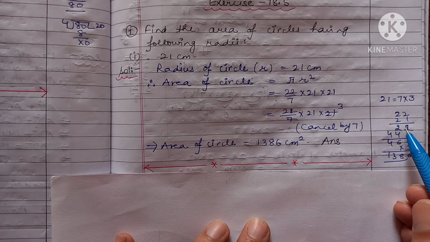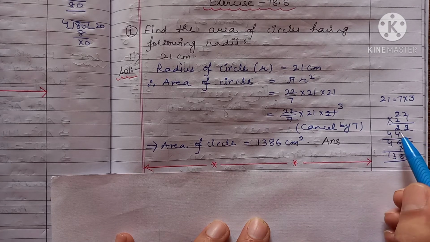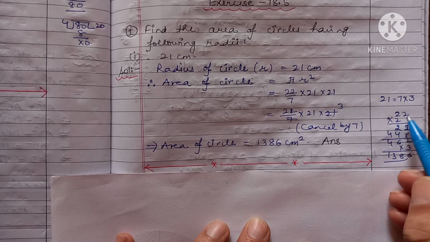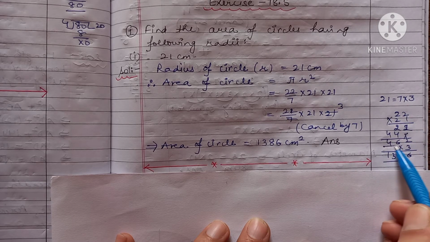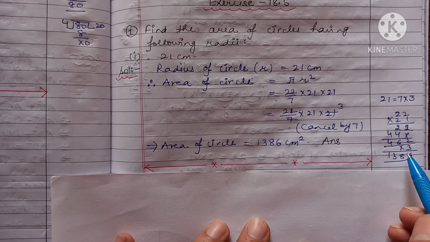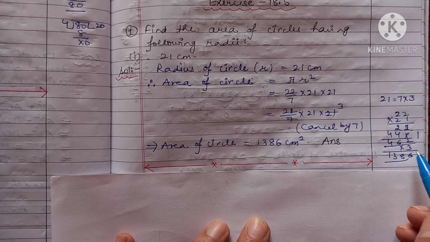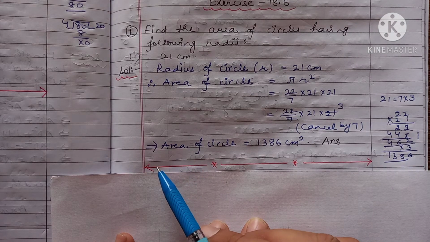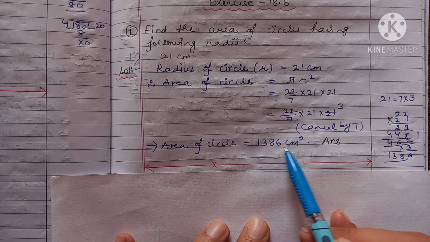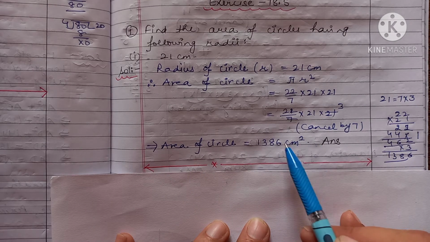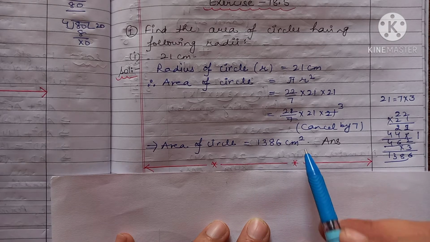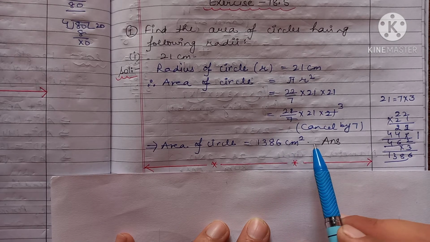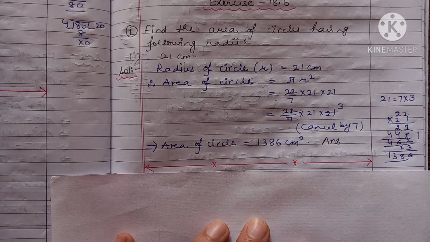When you multiply 22 with 21, you get 462, and further multiply it with 3. 3 2s are 6, 6 3s are 18, 1 we will carry, 4 3s are 12, 12 plus 1 is 13. So the area of circle is 1386 square centimeter. We can write the unit in terms of centimeter squared. So in this way, when radius is given, we can calculate the area of circle.